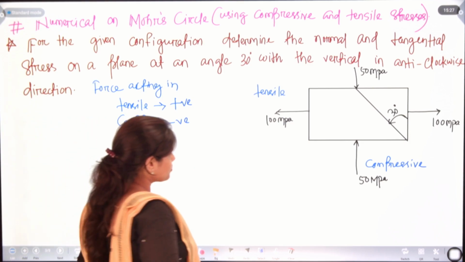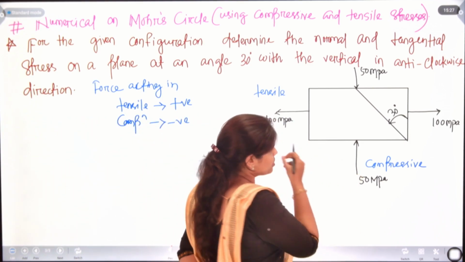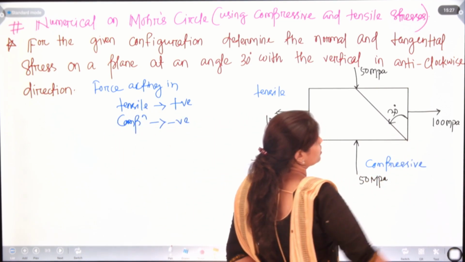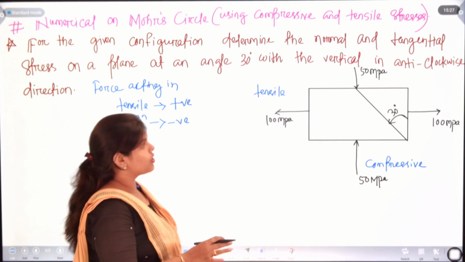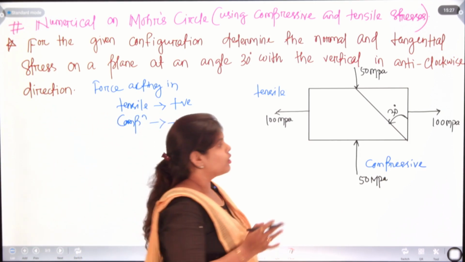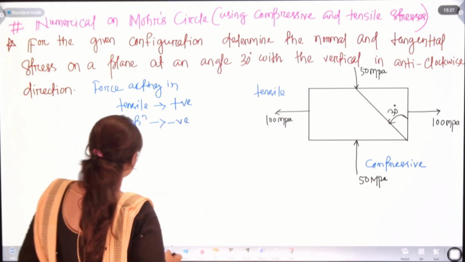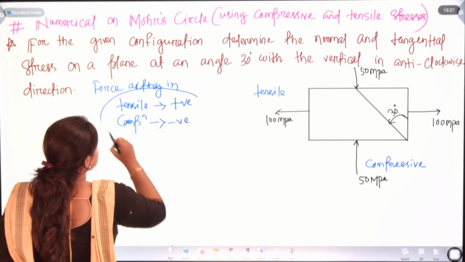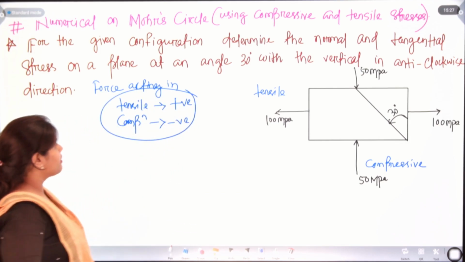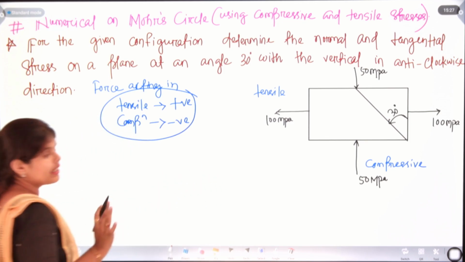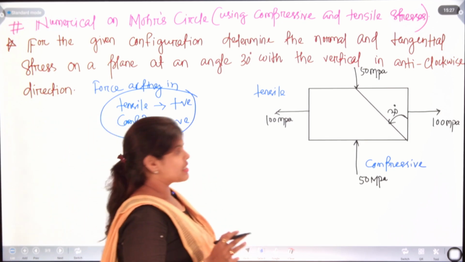So, here we have two forces and the angle acting in anti-clockwise direction. We have already discussed what we do in clockwise direction and anti-clockwise direction. So, here we have tensile and compressive, positive and negative signs. Now our work is to find out normal and tangential stress in this case.